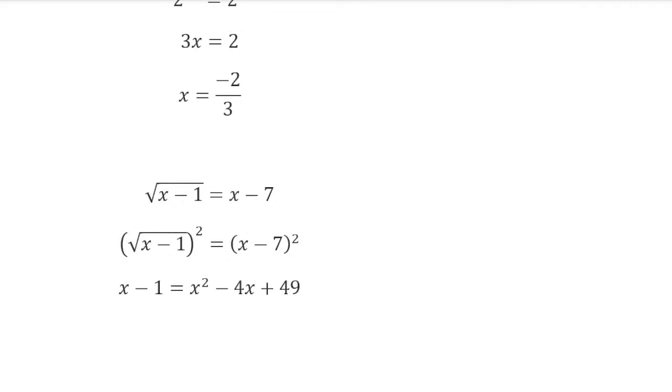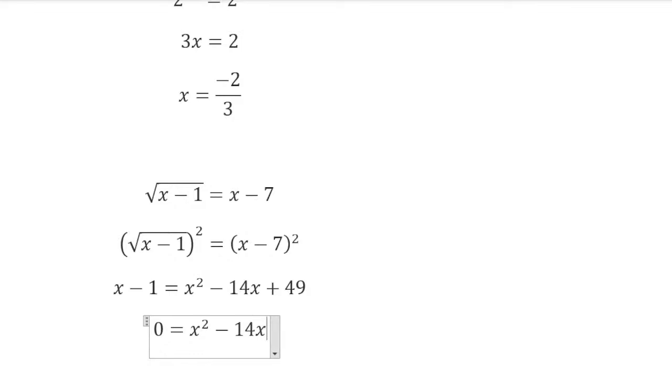So 0 is equal to, on the right hand side we had x squared, minus 14x, plus 49.